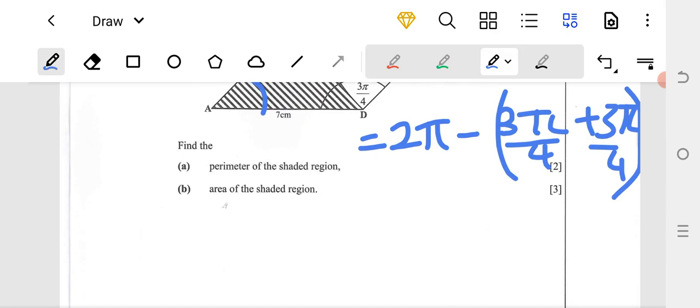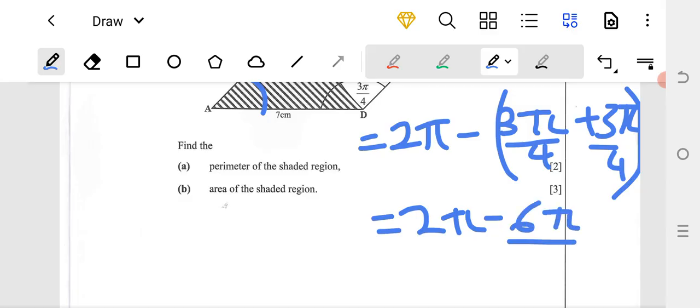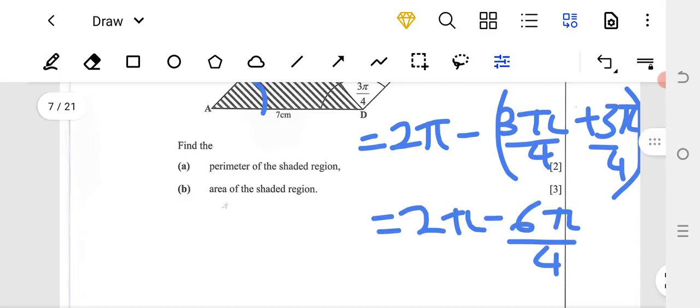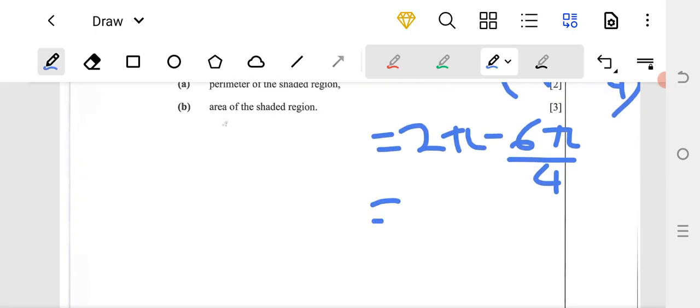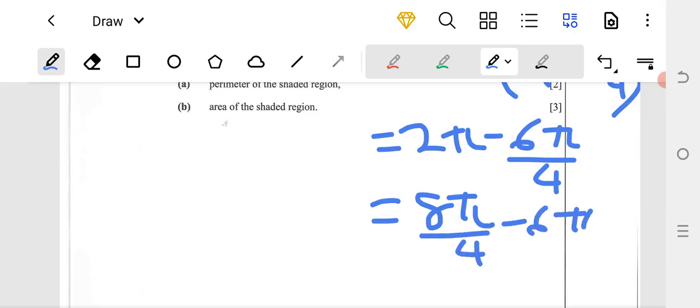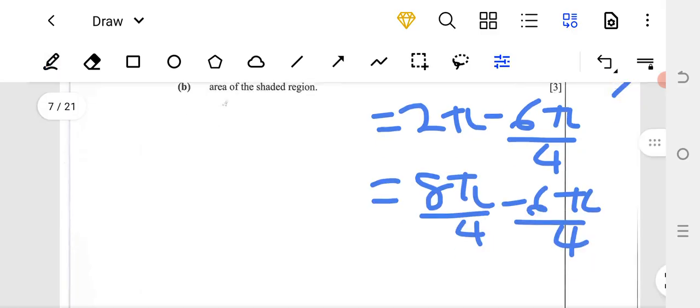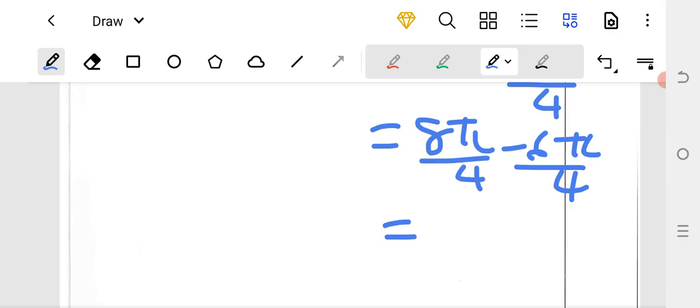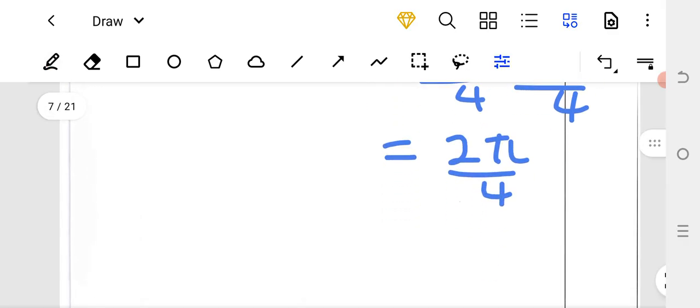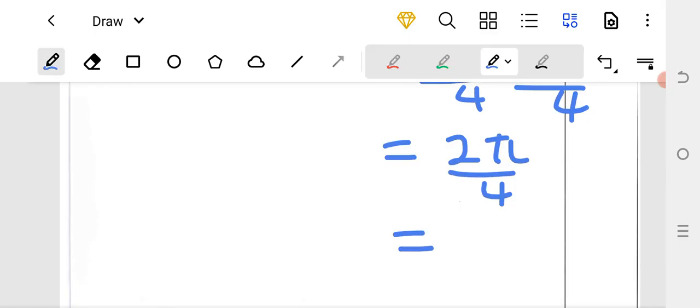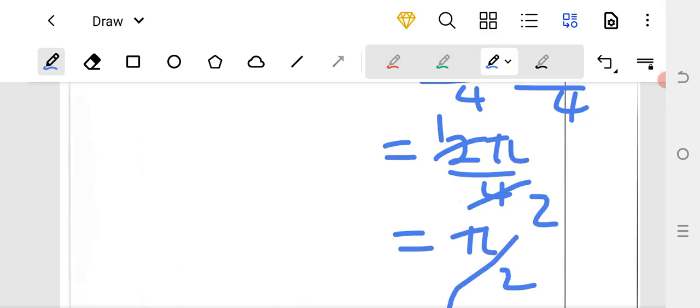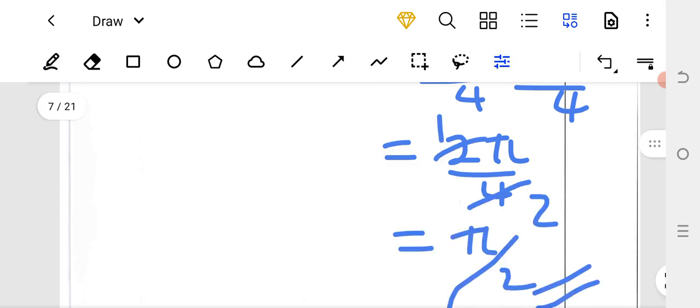It's the same as saying 2 pi minus 6 pi over 4, the same as 8 pi over 4 minus 6 pi over 4, which is 2 pi over 4, which simplifies to pi over 2 as your answer.